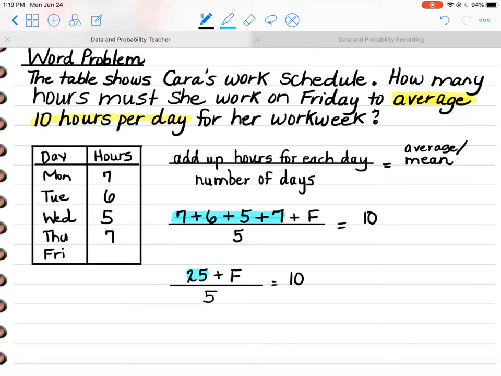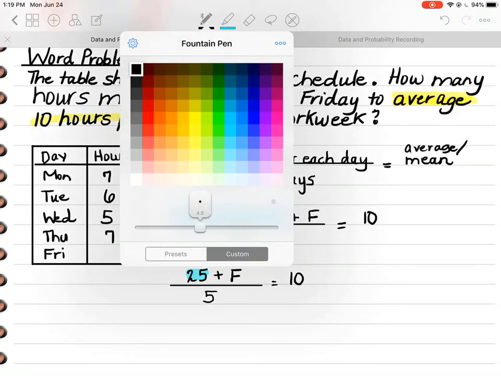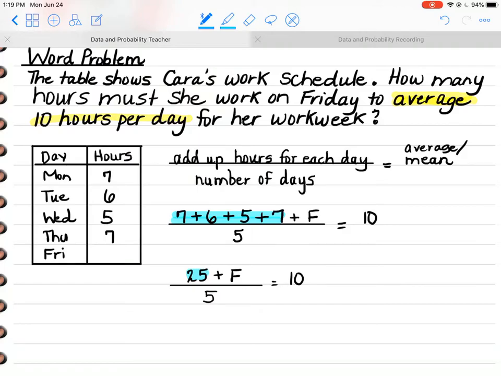Okay, here's the tough part where algebra is concerned. For those of you who are very good with algebra, you will get this. If you've not had algebra, this is very hard to understand. So what we're trying to do, we want to isolate Friday. I'm trying to find out what that F is worth. And so the numbers or the constants are all going to move over to this side.